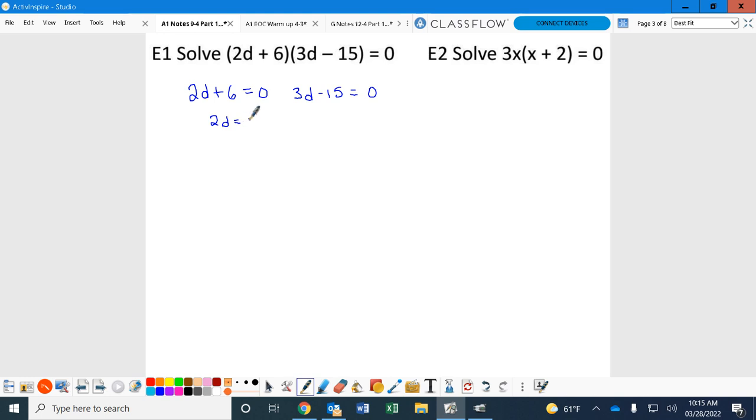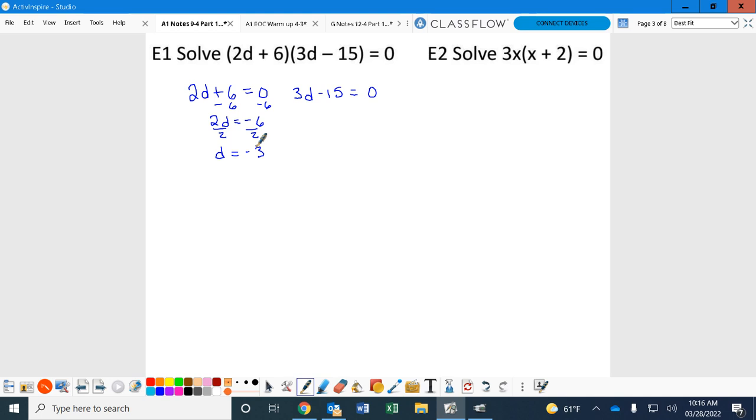Negative 6. Okay? So it's going to be minus 6 or negative 6. Guys, you can show the minus 6 if you need to. I'm just showing you how you can do it without showing them. And then the next step would be to divide both sides by 2, which makes it d equals, what is negative 6 divided by 2?